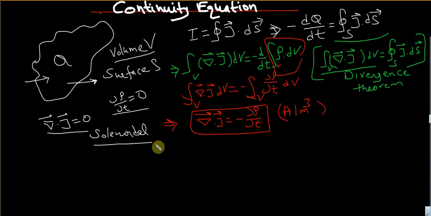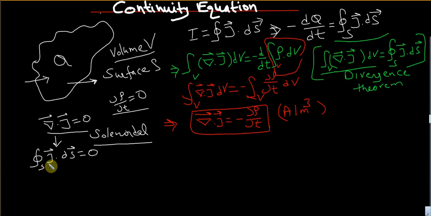Now this equation del dot J is equal to 0 can also be written, by using again the divergence theorem, as the closed surface integral of J dot dS, the total outward flux in the closed surface S, is equal to 0.